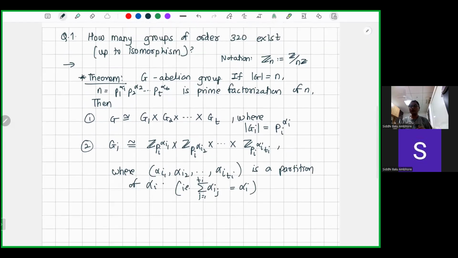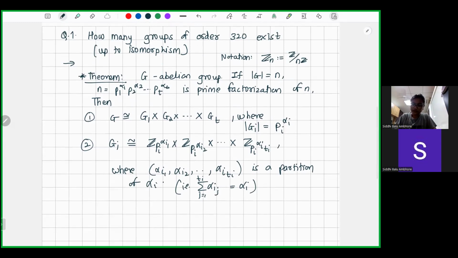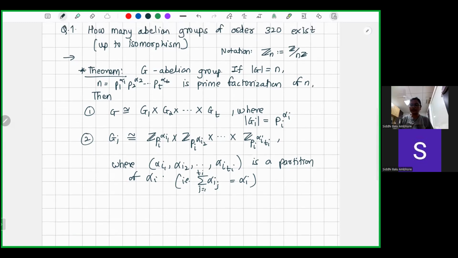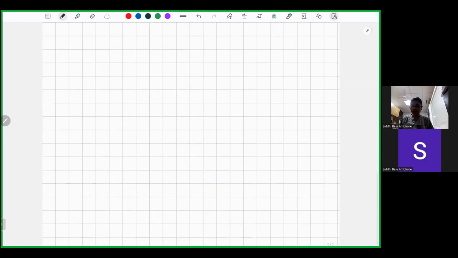So we want every abelian group of order 320. How many abelian groups is the correct way of putting it.